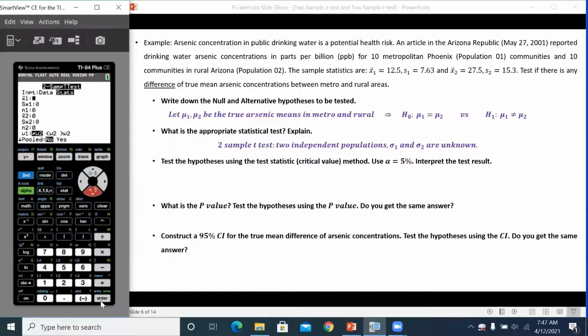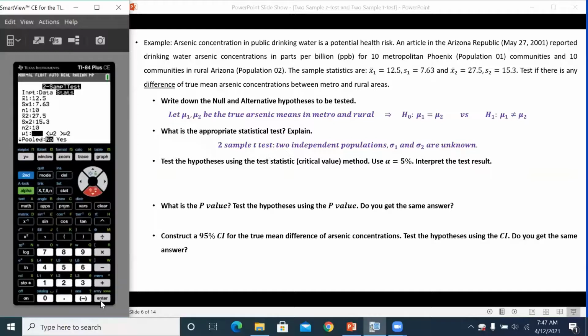For this question, x1 bar is 12.5. sx1 is the standard deviation for the population 1, which is given as s1, which is 7.63. n1 is 10. x2 bar is 27.5. sx2, which is given as s2, is equal to 15.3. n2 is also equal to 10.